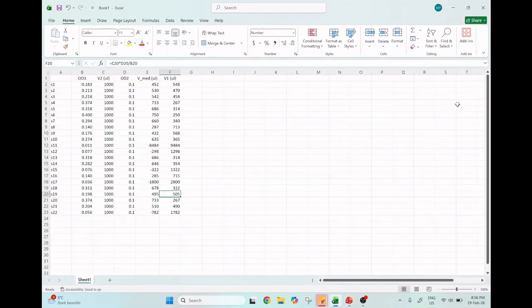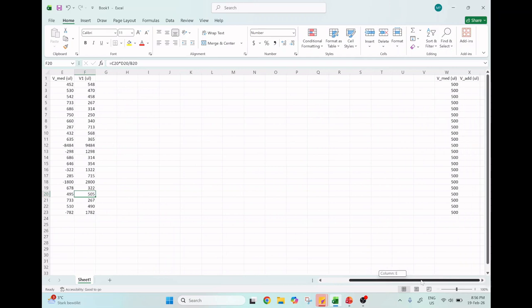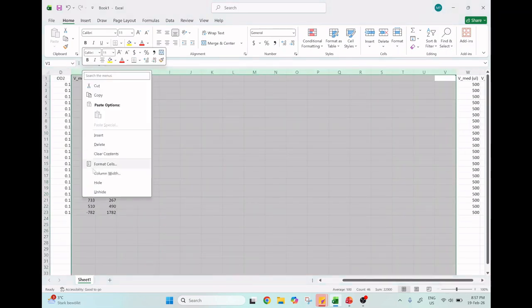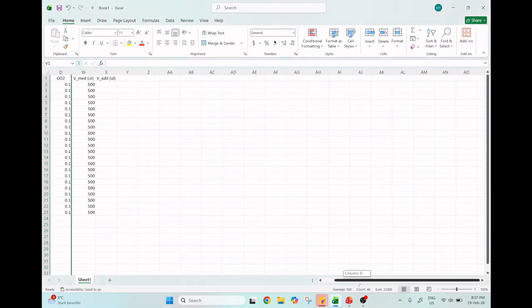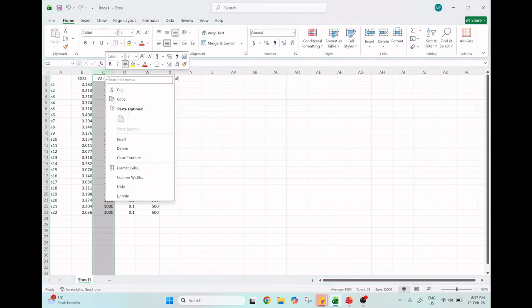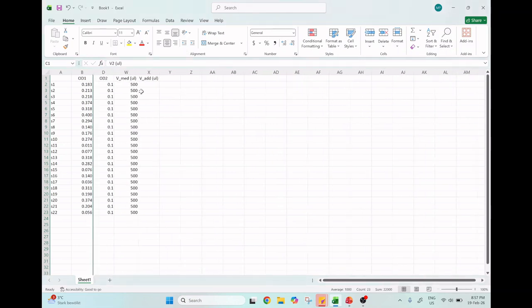So if we go over here, and this one was also from before, so we had that as well. Okay, so now we have what we want, so our measurement, the OD that we want to arrive at, and the volume that we put in our tubes beforehand.